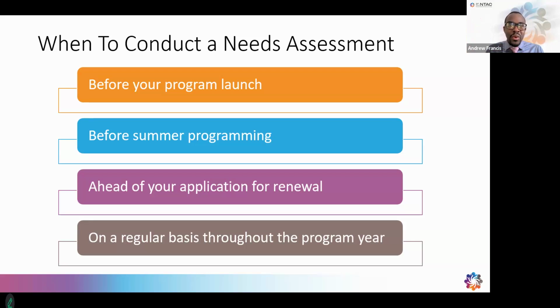Now, just want to share that for prospective grantees, you can also include the steps that we shared as part of your grant narrative. Essentially, how you are going to be sustaining the process throughout. Showing the reviewers that, hey, I'm not just going to be doing this needs assessment at the start just to get this grant, but we're going to find ways at these four points in time that I mentioned before to also continue to assess needs and to use that to guide program implementation.